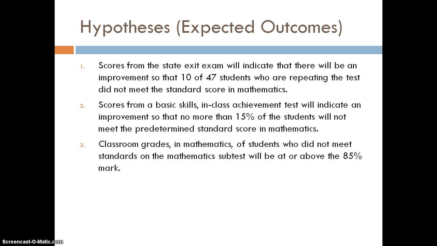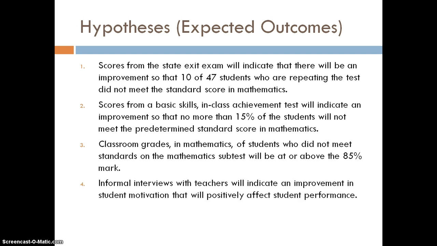Thirdly, classroom grades in mathematics of students who did not meet standards in the mathematics subtest will be at or above the 85% mark. Going into this study, all of the students involved had scores of 75% or lower. So this obviously is a very ambitious goal for the study.